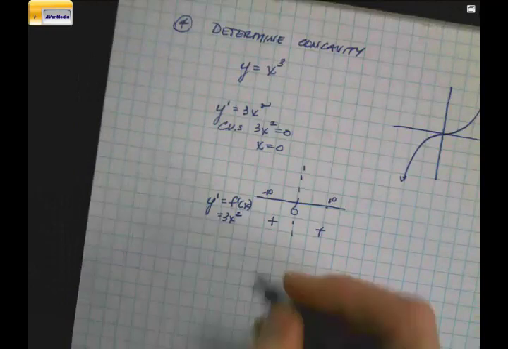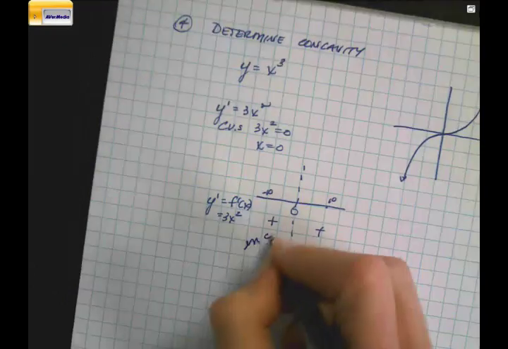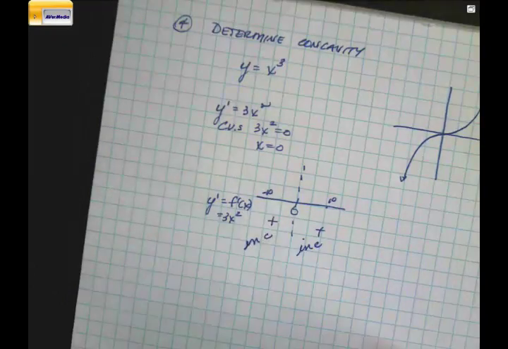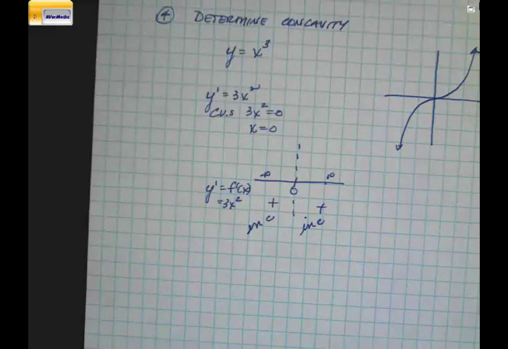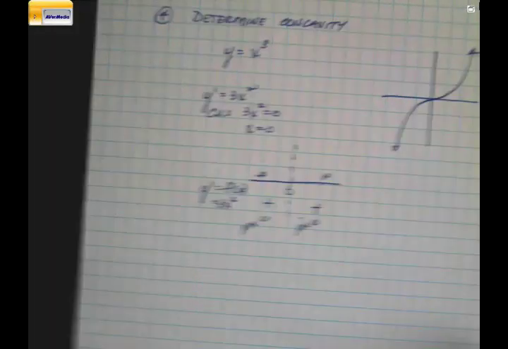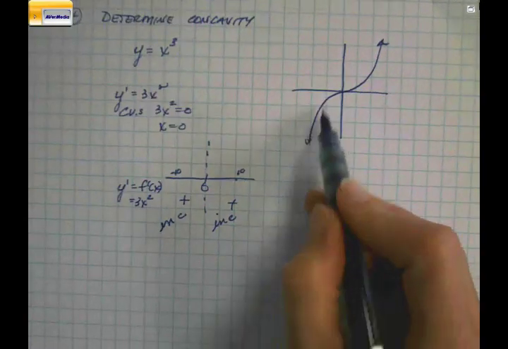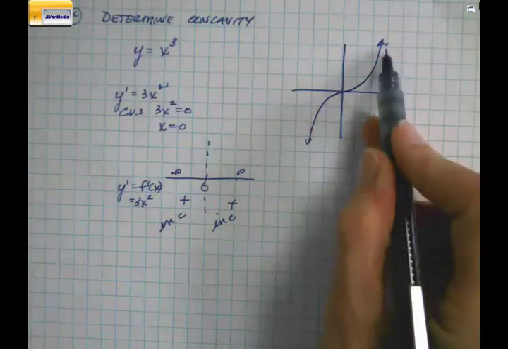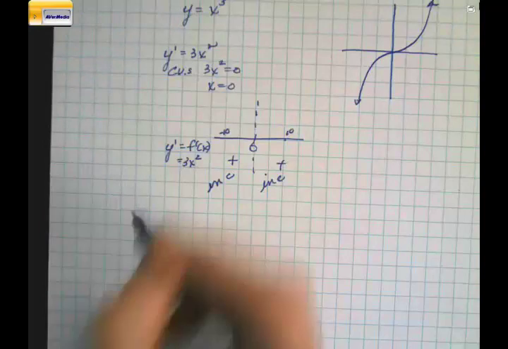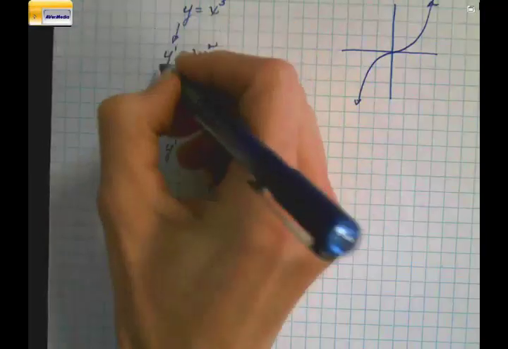So according to the first derivative, your original function is increasing and then increasing again. So if it's increasing and increasing, do we have a local max or min going on here? No, we do not. So this function is pretty much always increasing. It's going up and up and up, and it continues to go up. So that's very logical.